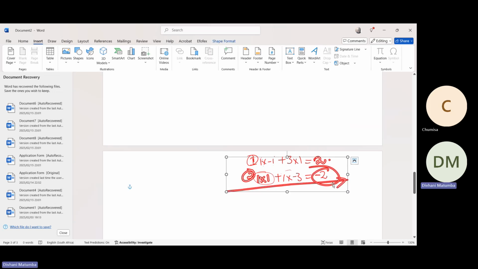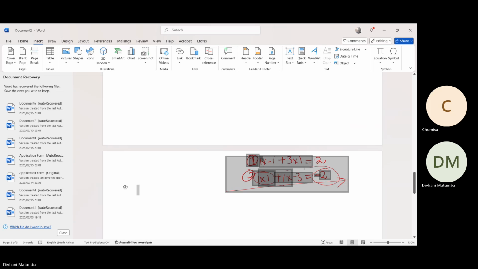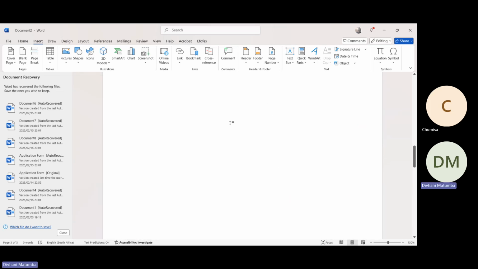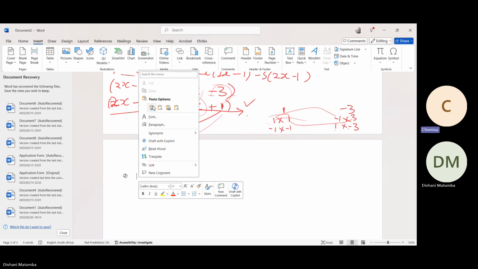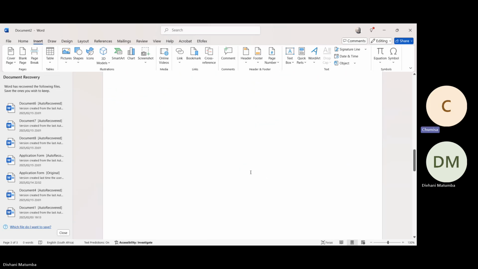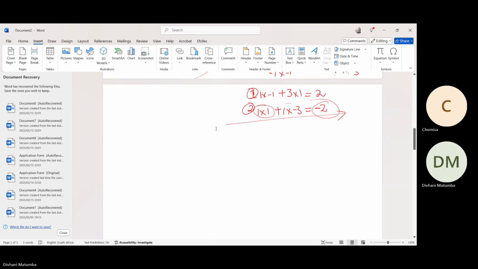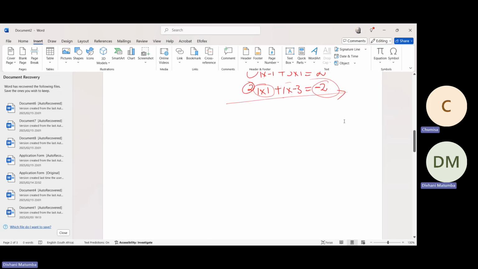Okay, so as I'm busy doing what I'm doing, can you name all the types of factorization that you know? The first one, taking out the common factor. The difference of two squares.